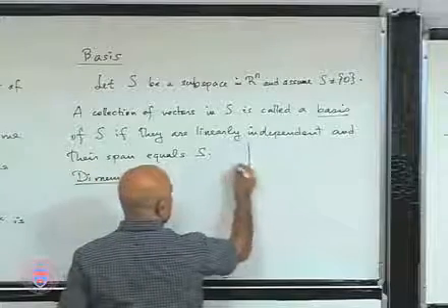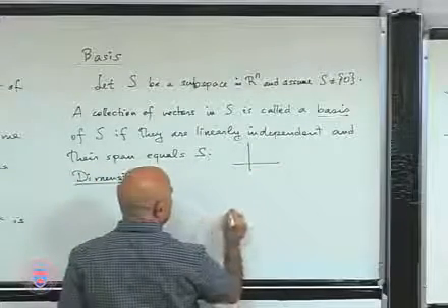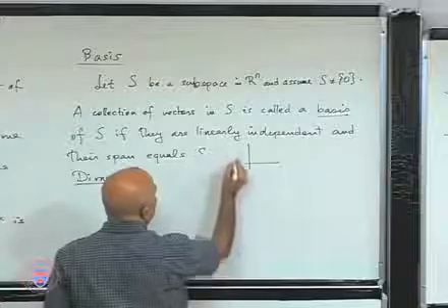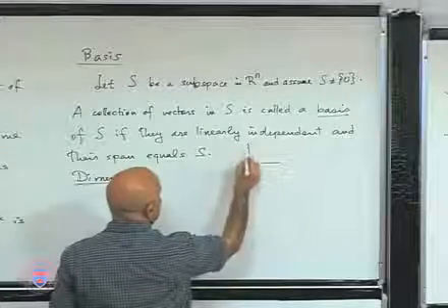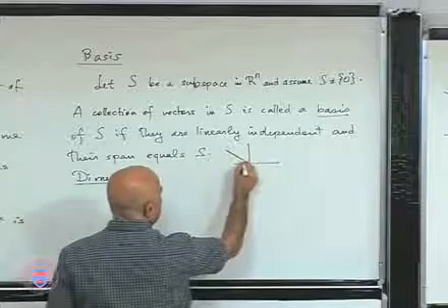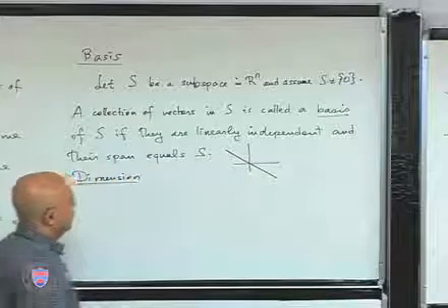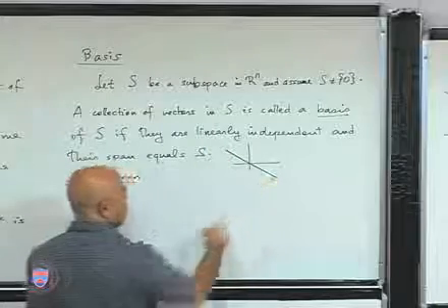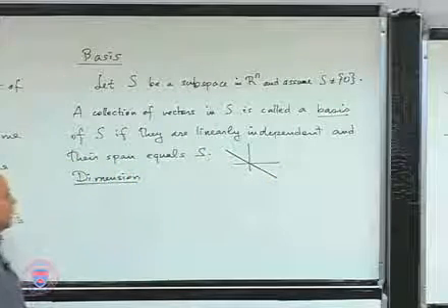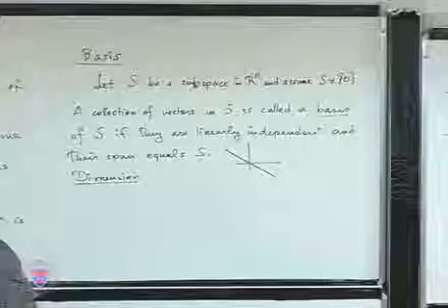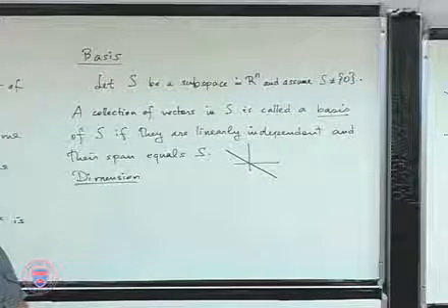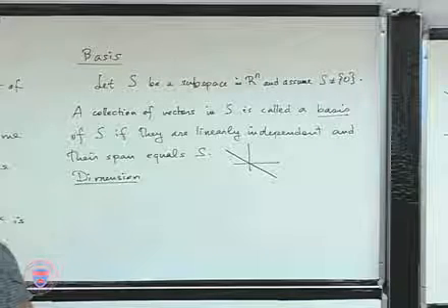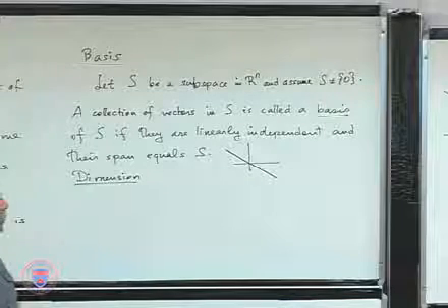For example, in 2 dimensions, if your subspace is this line, then how many vectors do you need in the collection to span and be linearly independent? You just need 1.